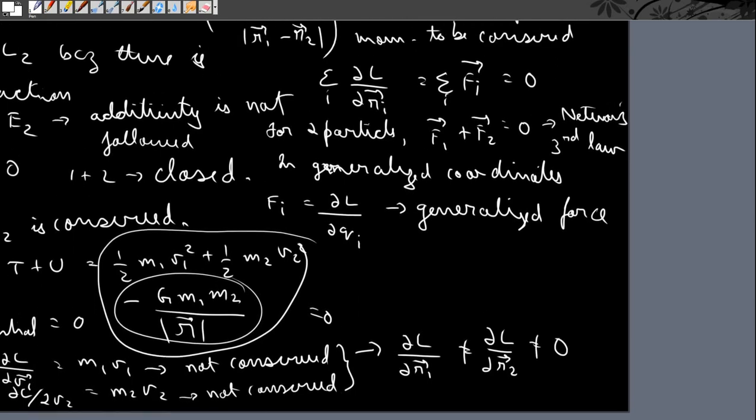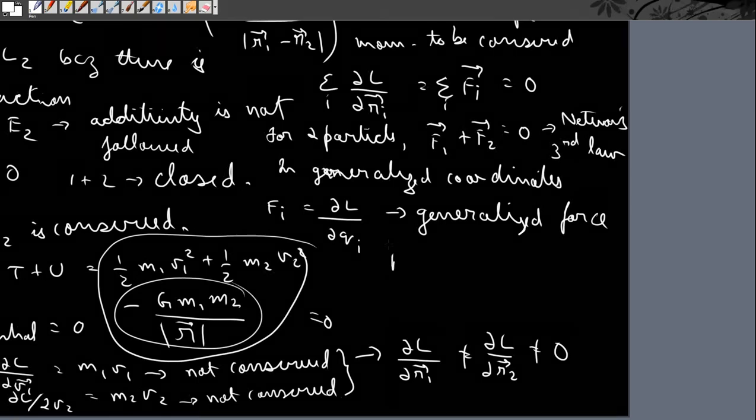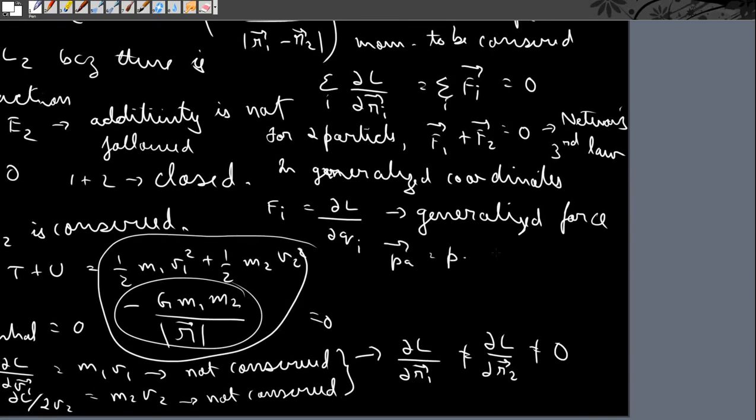And one final thing to remember is that in Cartesian coordinates, the generalized momenta are the components of the vector p_a, p_x x cap plus p_y y cap plus p_z z cap. So these are the generalized momenta which we talk about.